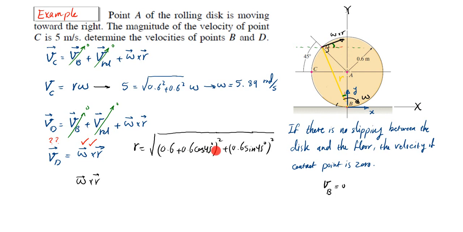If I call this angle theta, theta is tan inverse of 0.6 sine 45 divided by 0.6 plus 0.6 cosine 45 degrees.